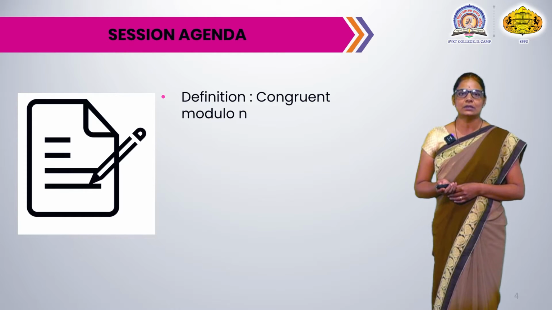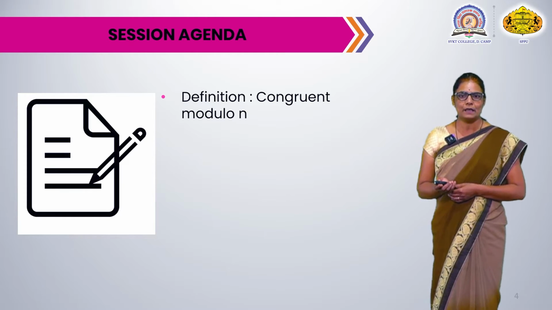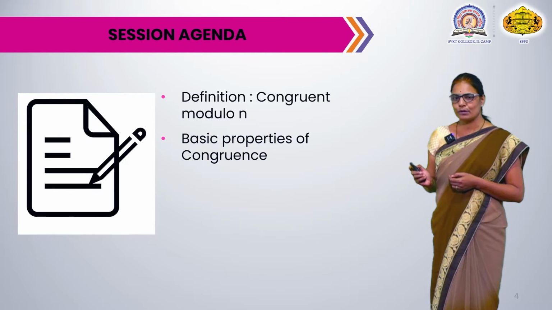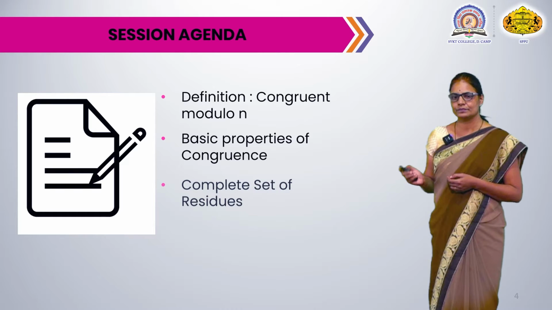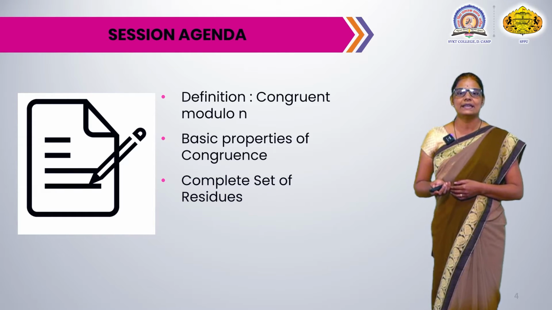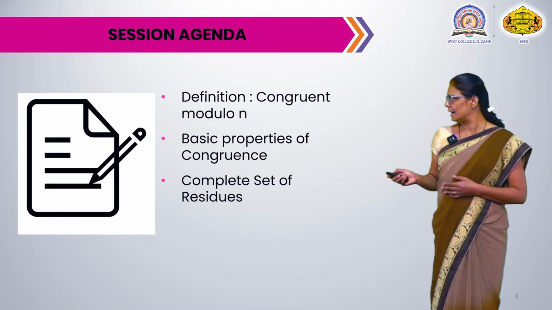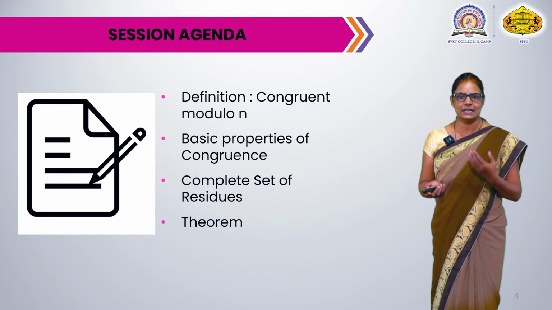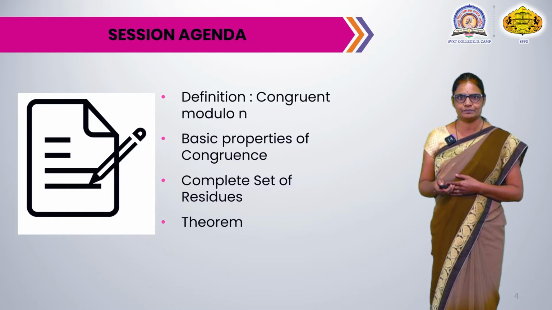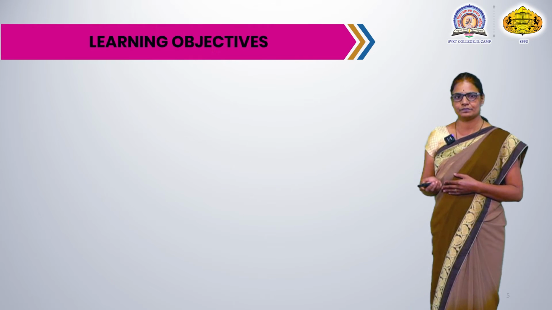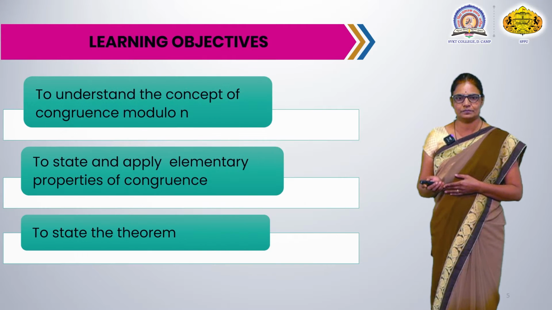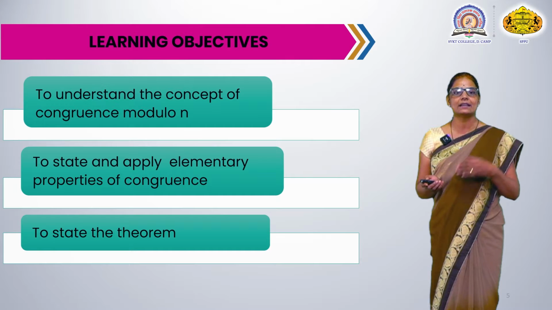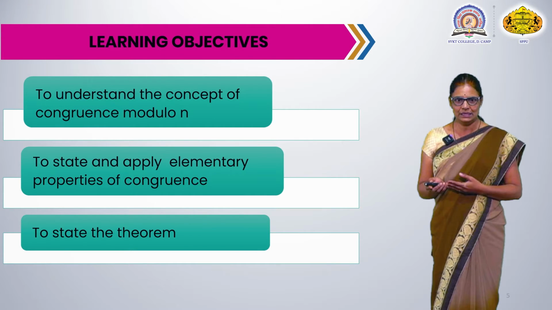Now in today's lecture we are going to study congruence modulo n, that is the theory of congruence, its basic properties and a complete set of residues, and also we will study one theorem or result which is related to the theory of congruence. After watching this video, students will be able to understand the concept of congruence modulo n.